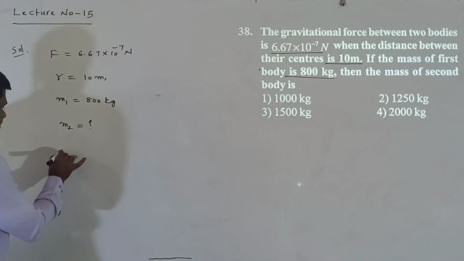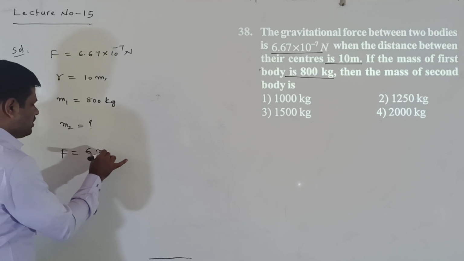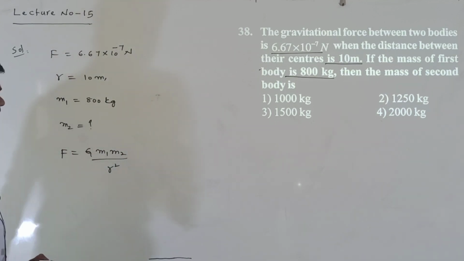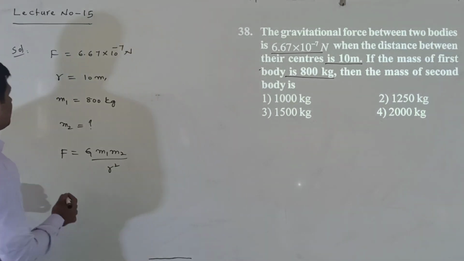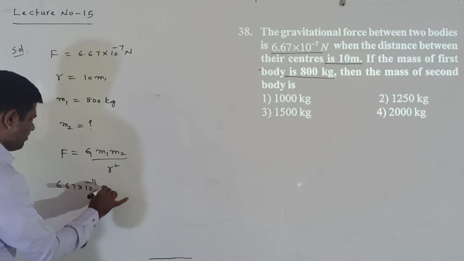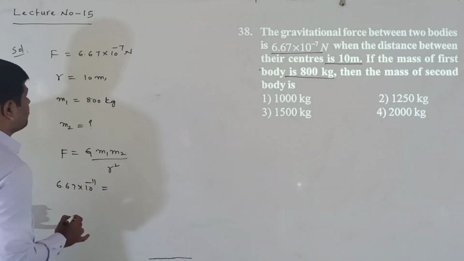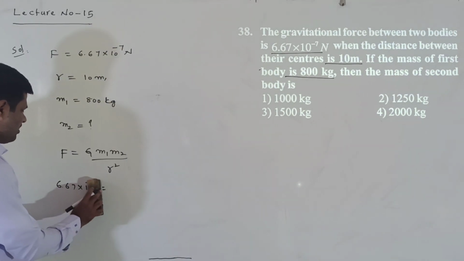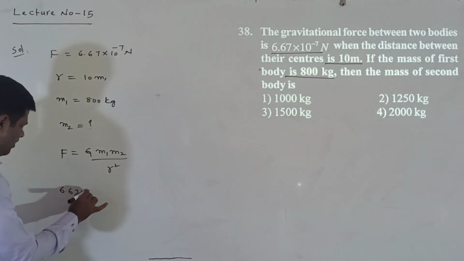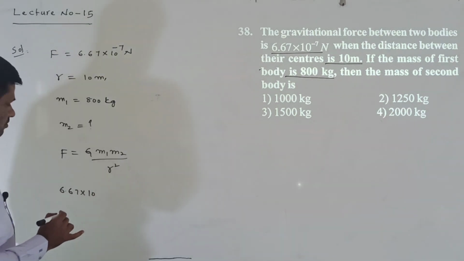We know that F is equal to G into M1 M2 by R square. This is the gravitational force formula. Substitute values here. F is given as 6.67 into 10 power of minus 7.